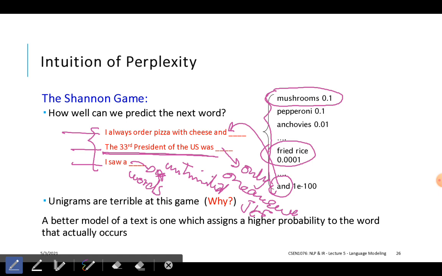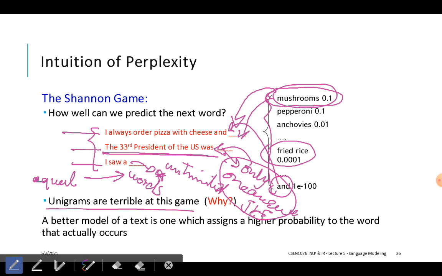And therefore, basically what you want is a model that will assign a fairly high probability to the words that are expected in the sentence, a probability of 1 to JFK, and almost roughly equal probabilities for the things that someone can actually see. Now, if you use unigrams for this, you will not end up with very useful sentences. Why is that?